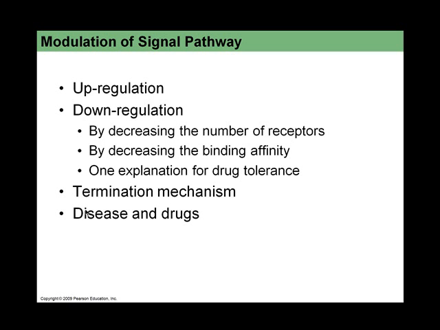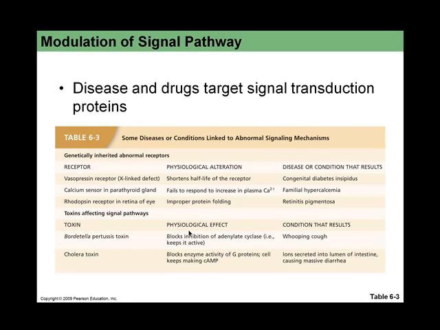And then we want to keep in mind that diseases and drugs will modulate all of these types of biological processes we're talking about. There's capabilities across the board. I'm not saying any one disease or any one drug affects all of them, obviously. So let's look at a couple of examples of diseases and drugs that target signal transduction proteins.